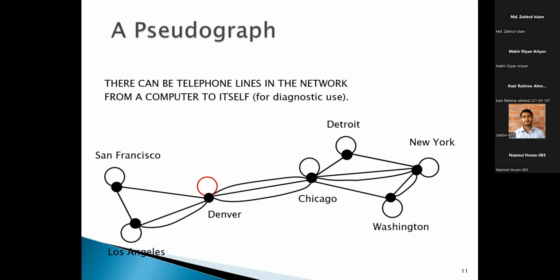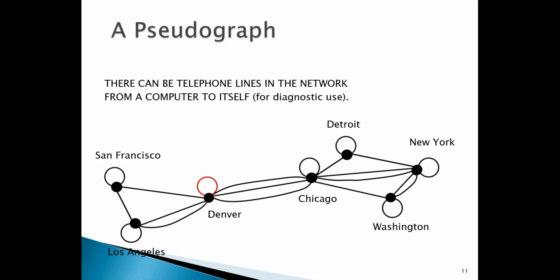Now, can you tell me what is the difference between the pseudograph and a simple graph? In a simple graph, you are not allowed to use loops as well as multiple edges.